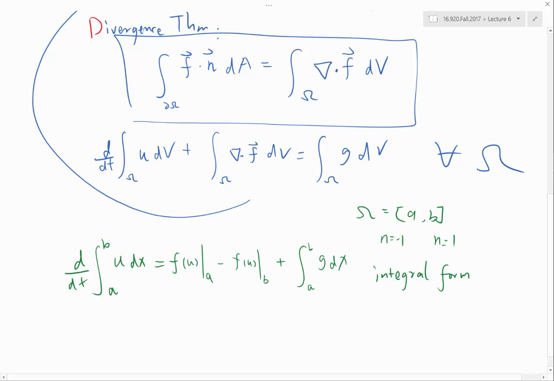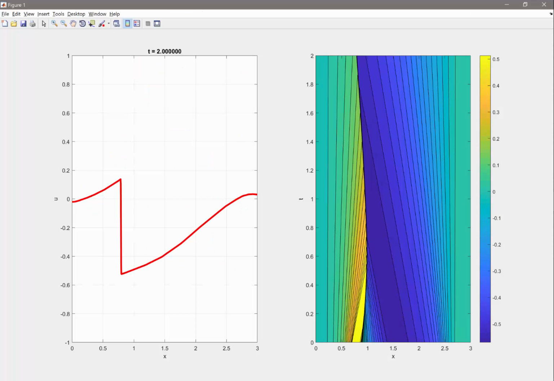So this works if U is not differentiable. It even works if U is not differentiable in time, right? Why? Because even though I'm taking the time derivative here, I'm taking the time derivative of an integral. If you look at this solution, U is not differentiable in time, because if I go upward in t with a fixed x, my U is also discontinuous.